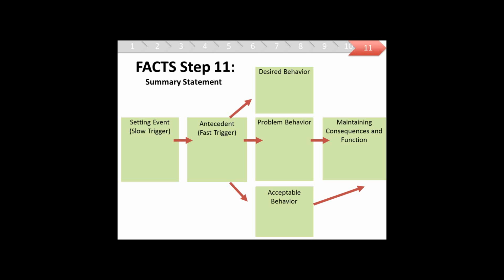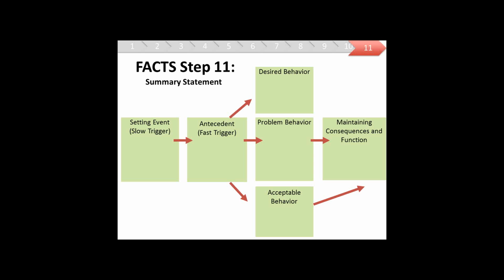And you're starting with that problem behavior and saying, okay, this is where we want to get to. We want to get to this desired behavior, but we might have to settle for this acceptable behavior for right now. So using our example of the student in the classroom doing independent work, right now they're up out of their seat, they're moving around, they're getting attention from their peers, they're not getting their work done.